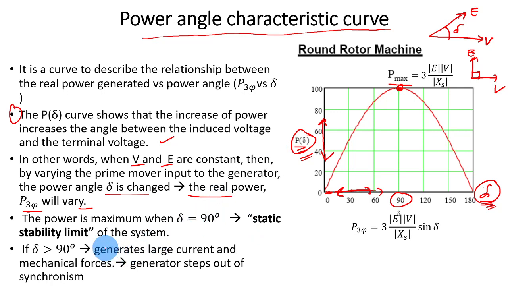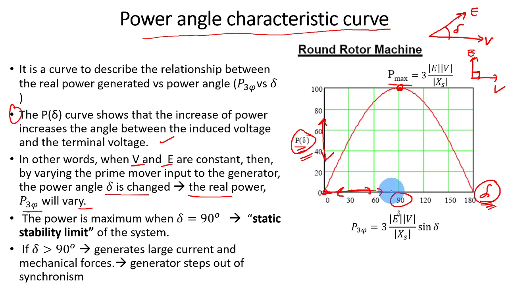What does that mean? If the angle goes beyond 90 degrees, the generator will produce very large current and mechanical forces, and the generator will step out of synchronism, meaning that the generator will no longer be synchronized to the network.